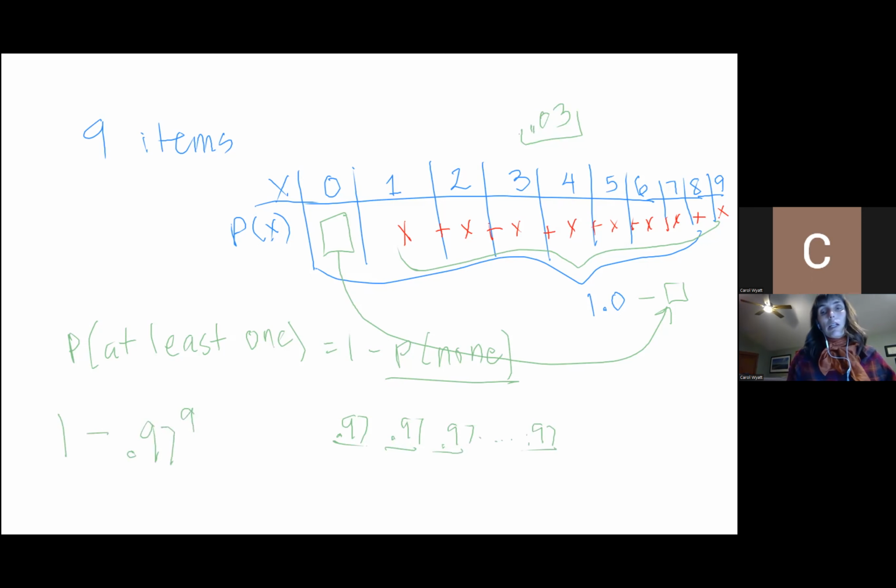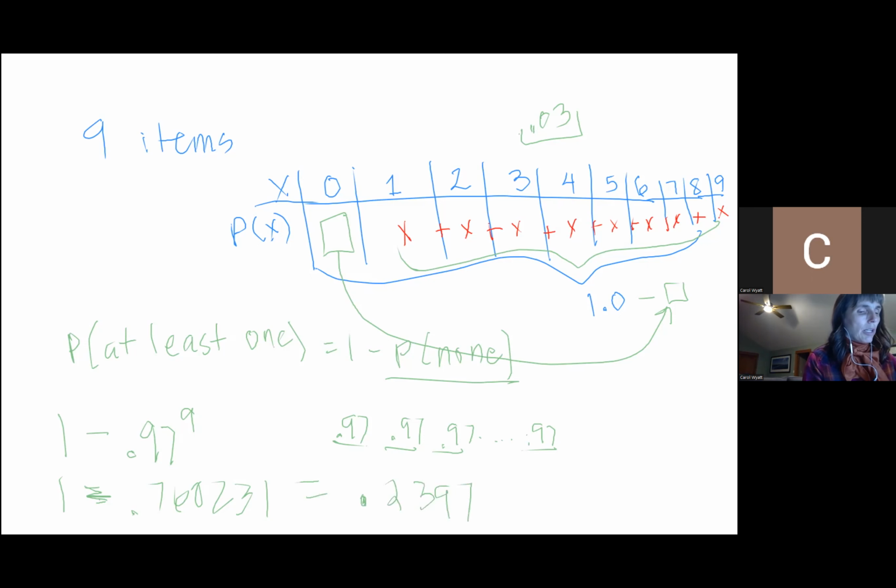So if I do that on my calculator, 0.97 raised to the 9th power is 0.760231. And take 1 minus that. And I get 0.2397.